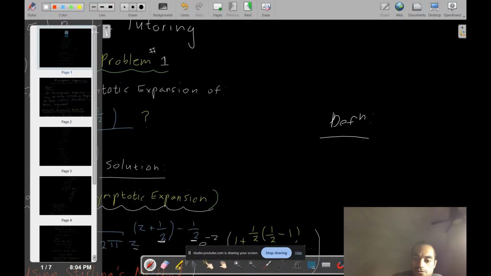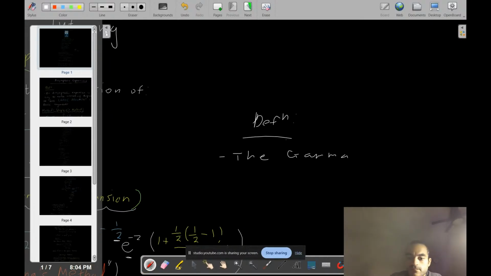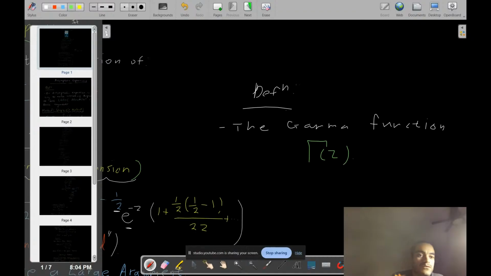The gamma function, denoted as gamma of z, equals the integral from 0 to infinity of x to the z minus 1, e to the negative x dx, where z is a complex number.